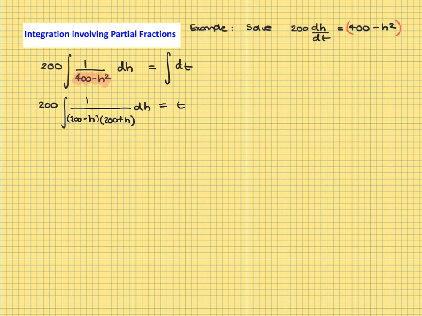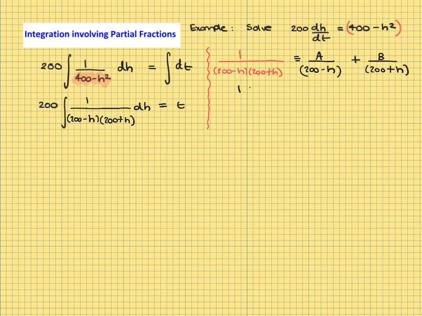So before we can integrate the left hand side, we are going to need to deal with this. So 1 over 200 minus h, 200 plus h. We're going to need to write it in the form of a partial fraction decomposition. So a over 200 minus h plus b over 200 plus h.